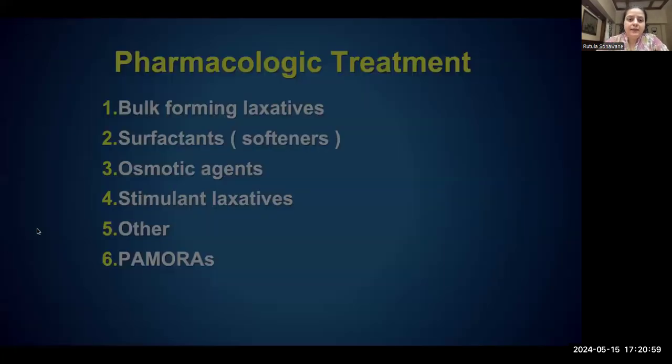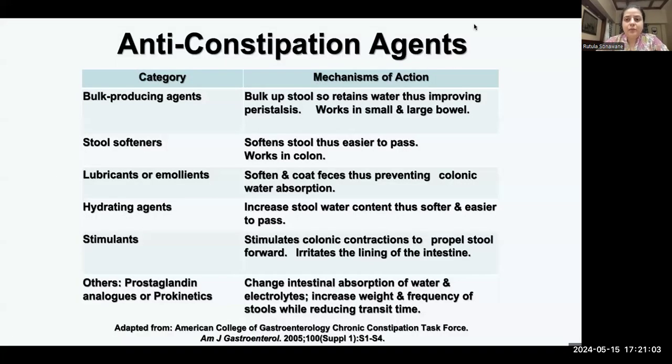Now, anti-constipating agents. So basically, bulk forming agents bulk up the stools. Because of that your bowel gets distended and peristalsis occurs. Softeners help in smooth passage of stools.